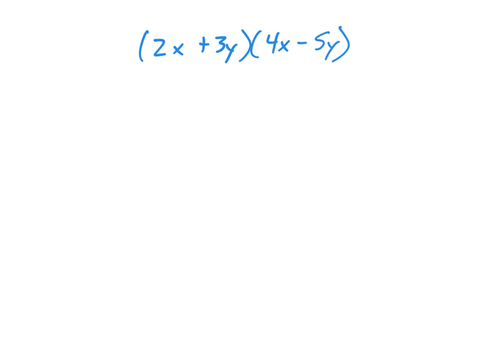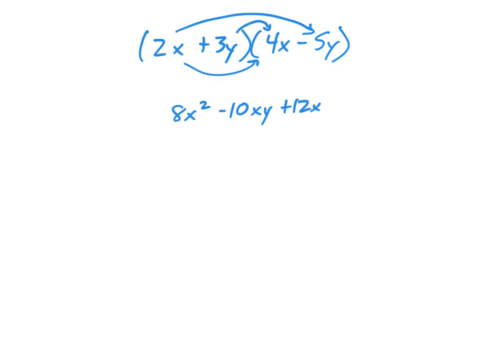So we're going to do 2x times 4x, 2x times a negative 5y. So this is a little bit different. 2 times negative 5 would be negative 10, and you have an x and a y, so that would be xy. 3y times 4x, 12xy.